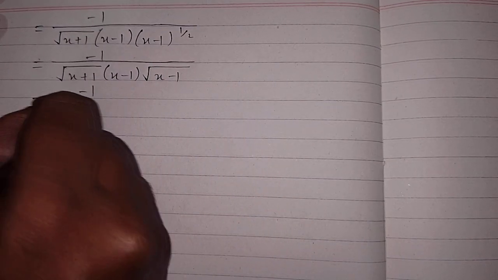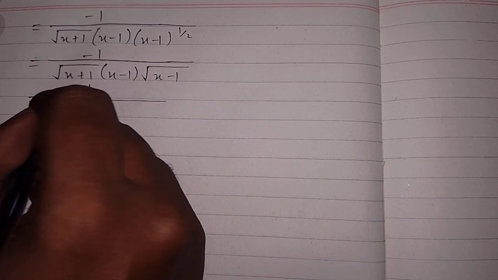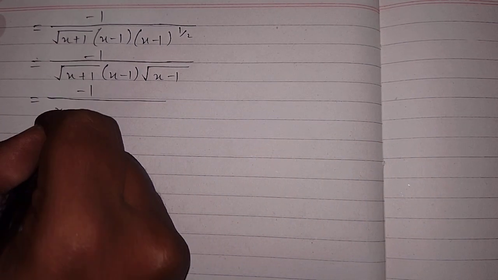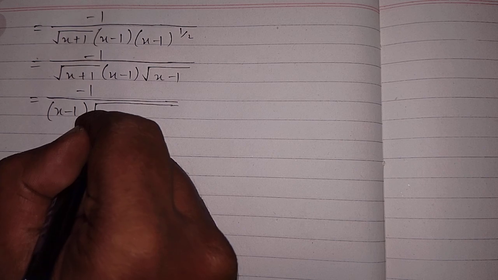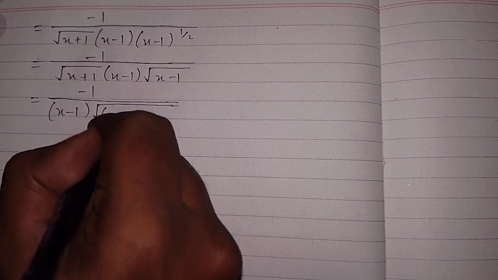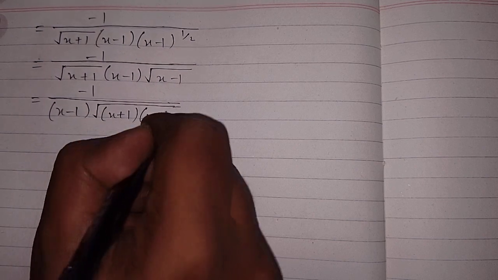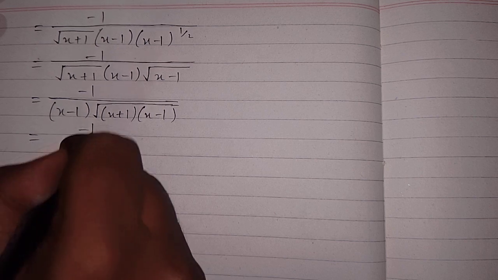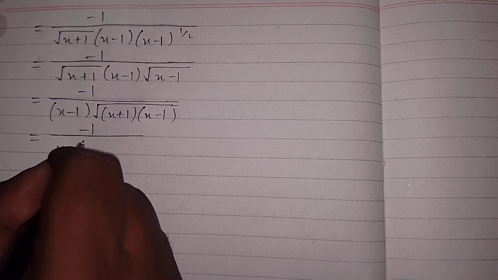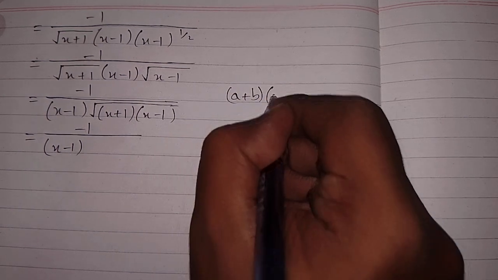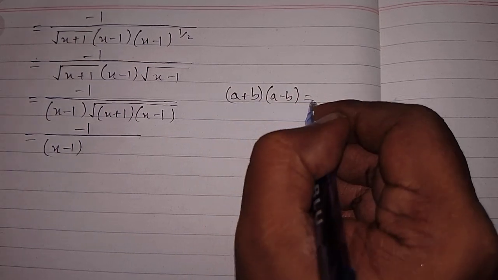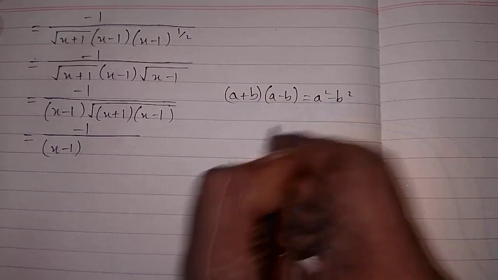Then first we will write x minus 1, and square root of x plus 1 and square root of x minus 1 can be written as square root of (x plus 1) multiplied by (x minus 1). And here we can apply the formula, which is (a plus b) multiplied by (a minus b) is equal to a square minus b square.